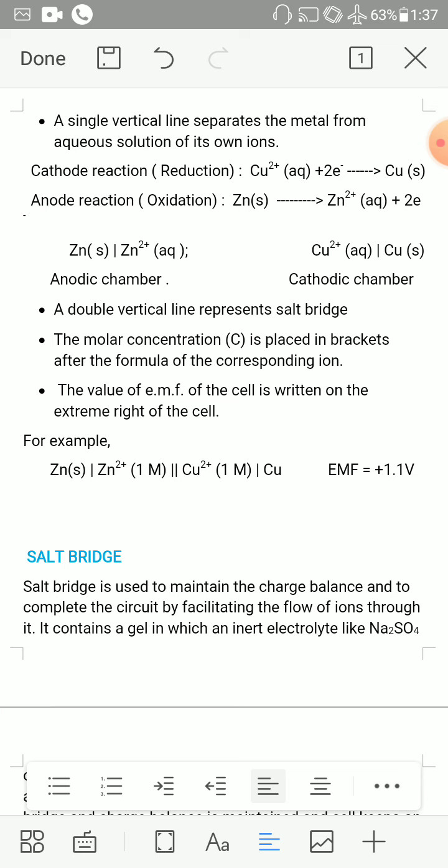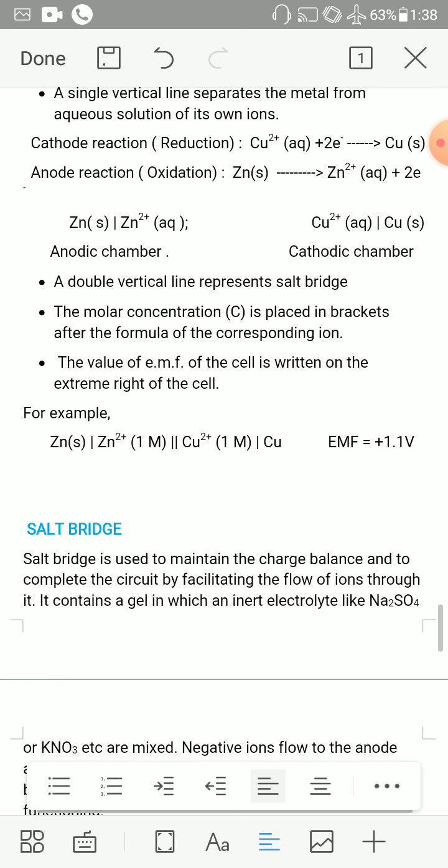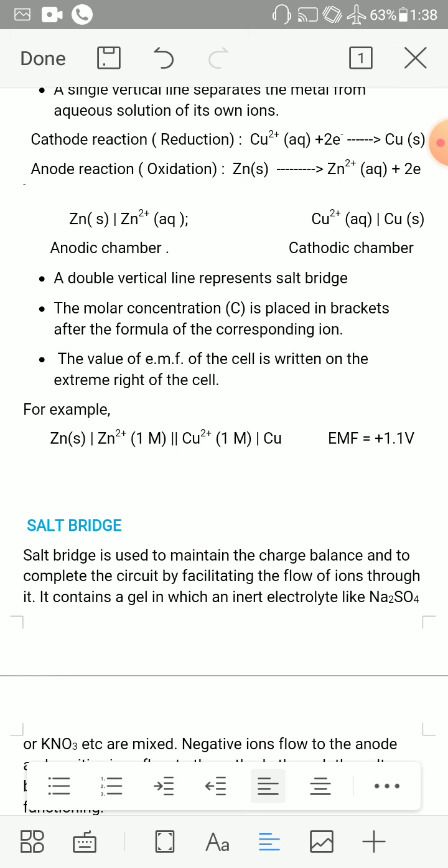You have to remember that in the anode the oxidation reaction takes place. That's why you have to write the anodic chamber in terms of oxidation. That is first zinc, then Zn2 plus ion. That is, zinc becomes Zn2 plus ion by releasing 2 electrons. That's why this is an oxidation reaction.